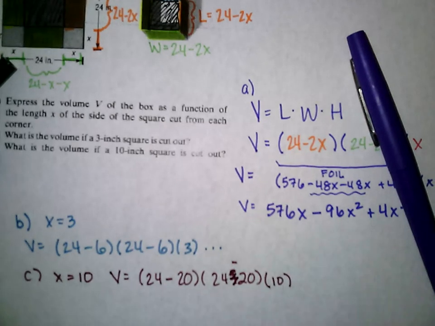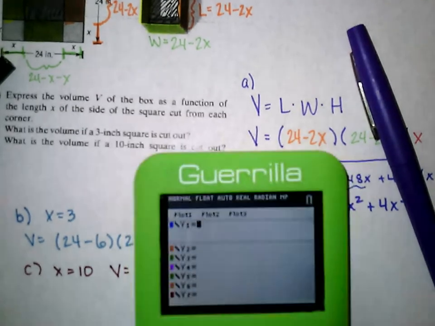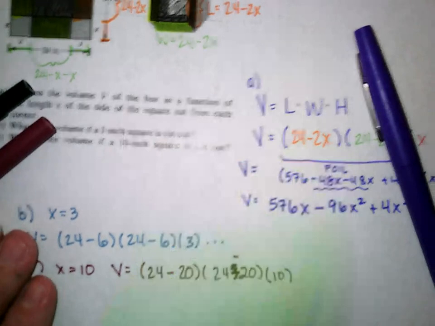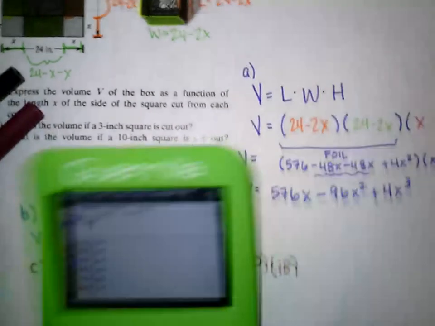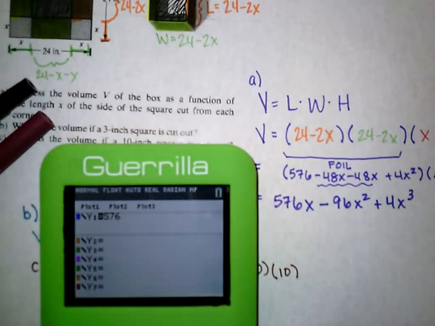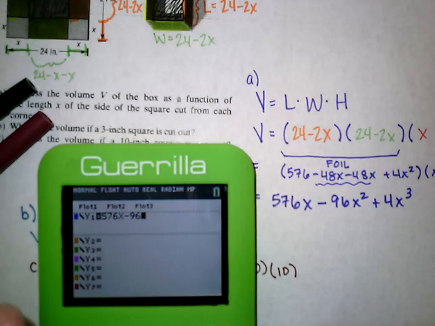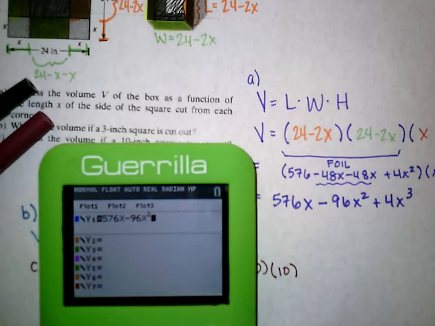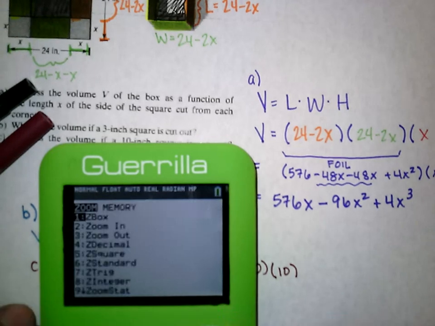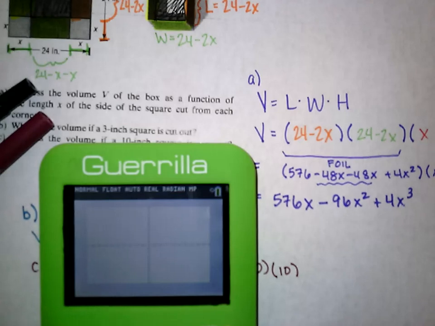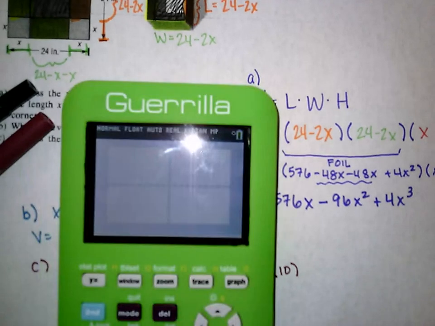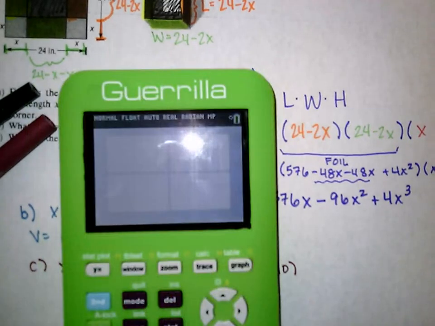But they could also ask you the more interesting question, which would be about the maximum or minimum volume, depending on what our function looks like. So if I were to graph this, 576x minus 96x squared plus 4x cubed, let's go Zoom 6 and see if we can see anything. I'm guessing we won't be able to see anything because these are going to be big numbers.